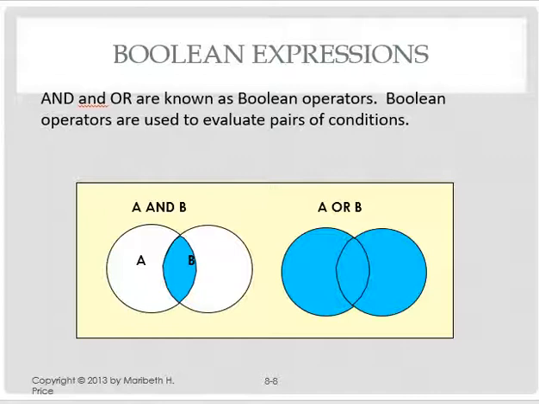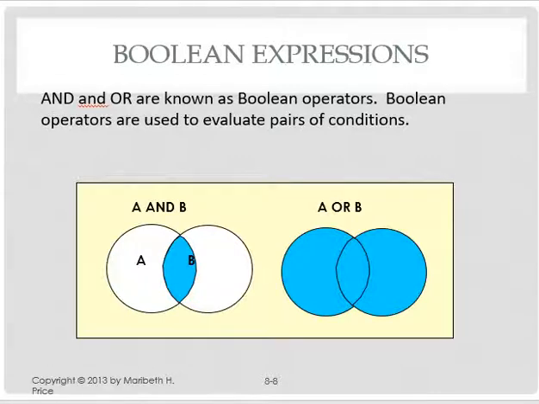But if I have a circle or a set, think about circle A as being a population of people over the age of 50, and B is income 20,000 or higher.